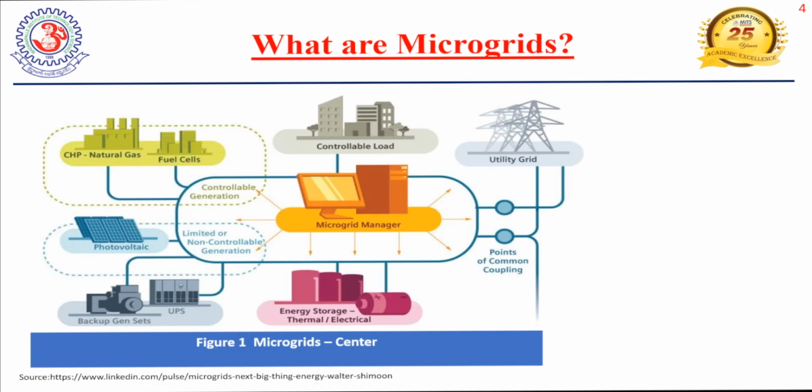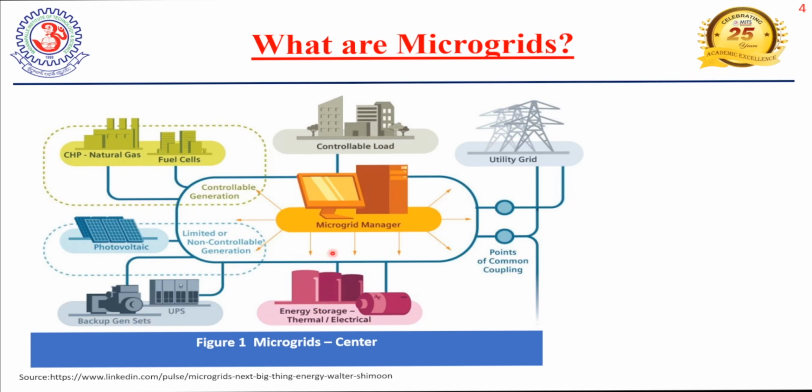Here is a very important diagram which shows your microgrid. If you understand that diagram clearly, you can understand what the microgrid is and how it works. With the help of the diagram you can see natural gas and fuel cells, and next the microgrid manager, controllable loads, the utility grid or conventional grid, and the photovoltaic system, backup system, and energy storage.